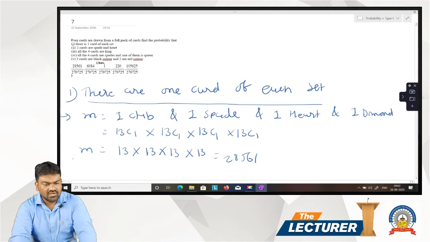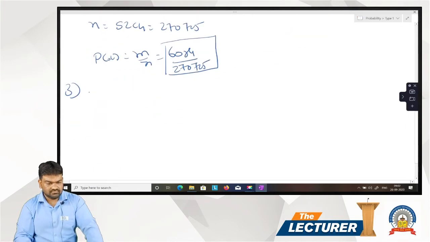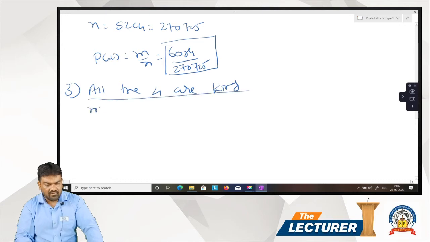Third, all the 4 are king. Favorable result: out of 4 kings, 4 will be selected, 4C4, that is 1, and there are total 52 playing cards.